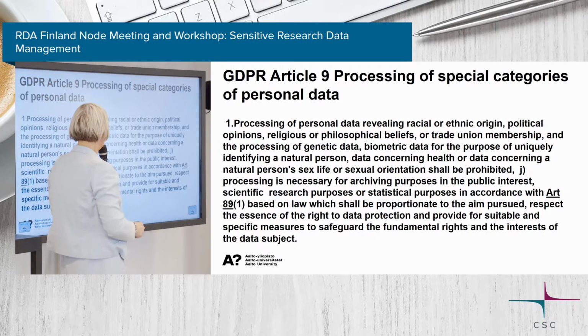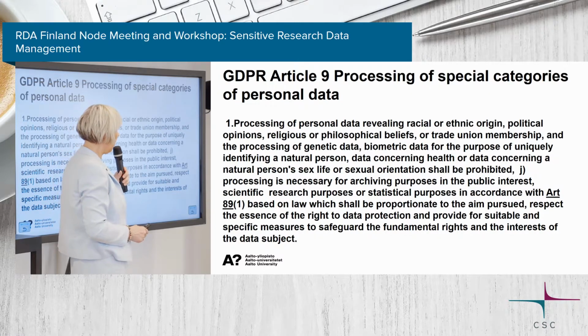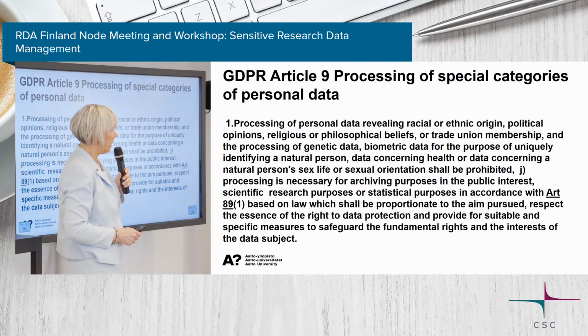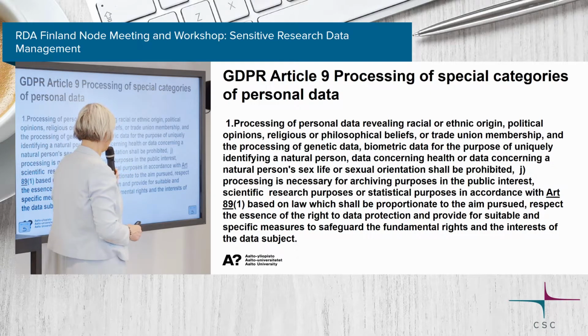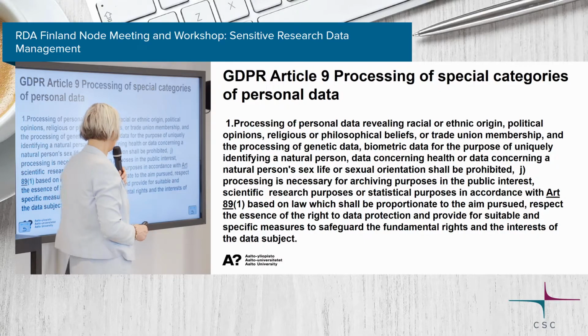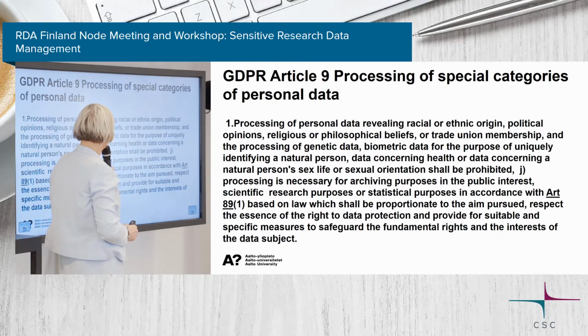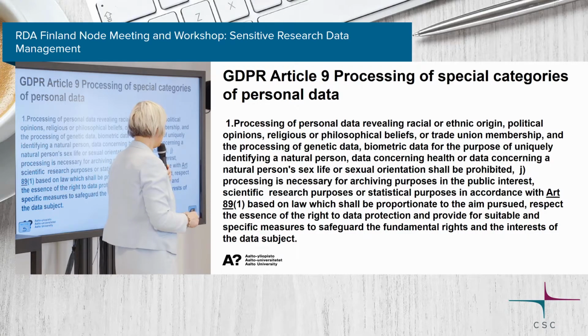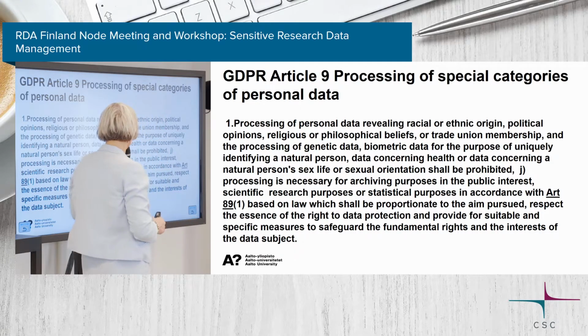But in this type of personal data, notice that you have data concerning health, which is a big area of data used, for example, in Aalto University. So that is also special category data. And actually the processing is prohibited unless, but this prohibition is not applied if processing is necessary for scientific research purposes.